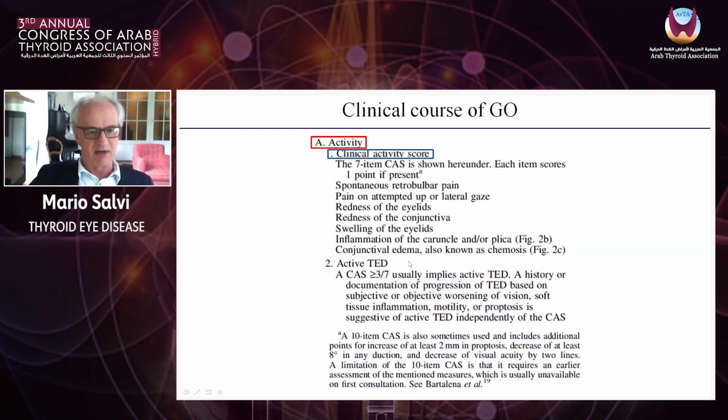Seven items assess inflammation, and another three items on a 10-item clinical activity score can be added to assess progression of disease, which is when, at a second visit, we can assess an increase in proptosis, a decrease of 8 degrees of adduction, so worsening of motility, and a decrease of visual acuity by 2 lines if there is deterioration of eyesight.